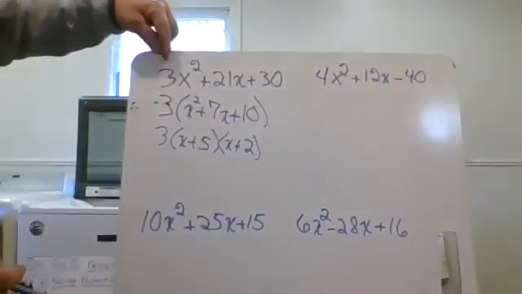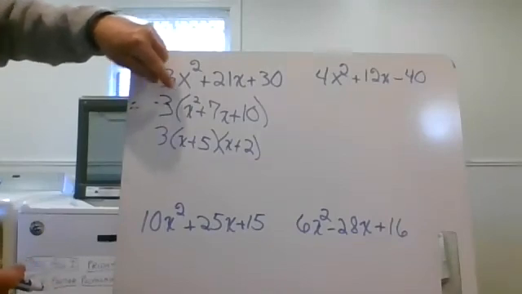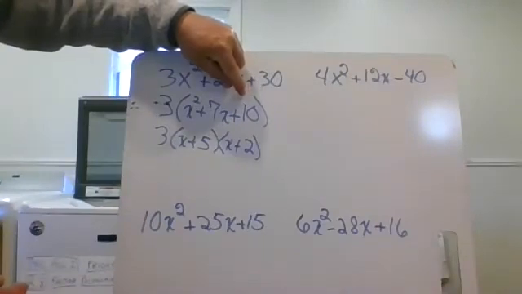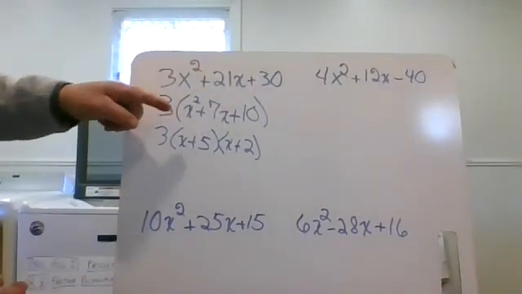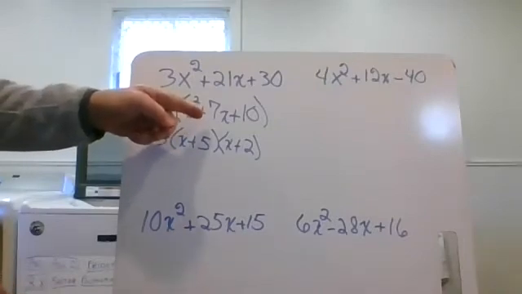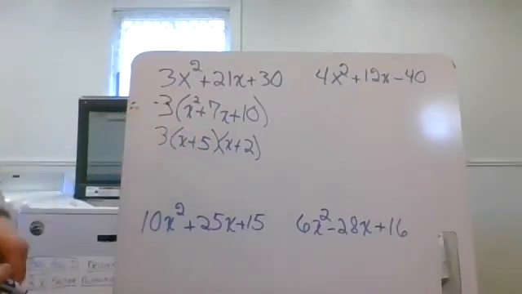So we took out the greatest common factor of 3, and it left us with a quadratic trinomial that we knew how to factor. We learned how to factor those from section 5, and we end up getting this. And now we are factored completely.